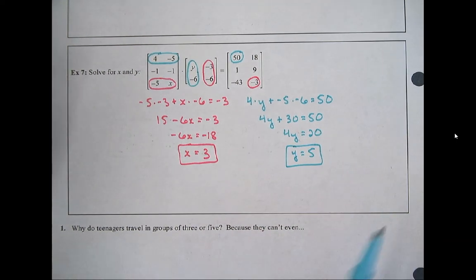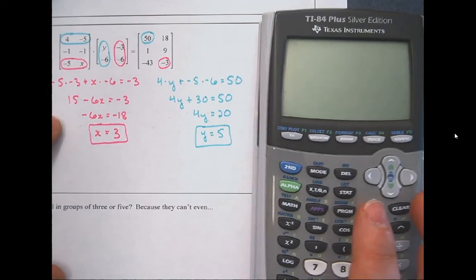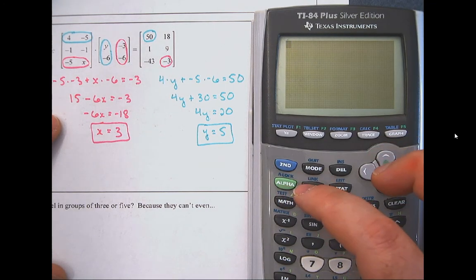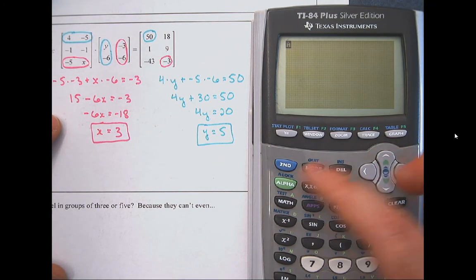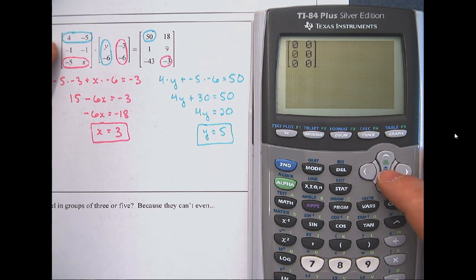If you wanted to, you could check this. I'm going to check it using my fancy calc. So we think x is 3 and y is 5. I can go alpha F3. I want to make a 3 by 2 matrix. And you know if you're wrong because it doesn't look like the matrix that you're trying to build.